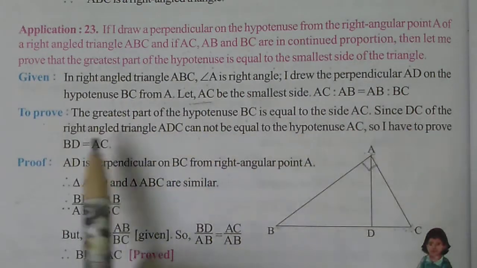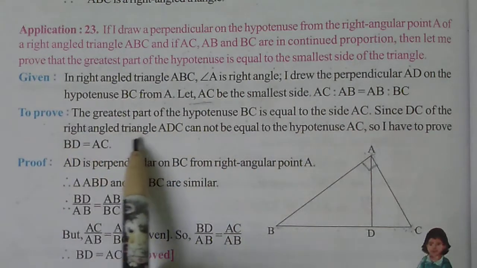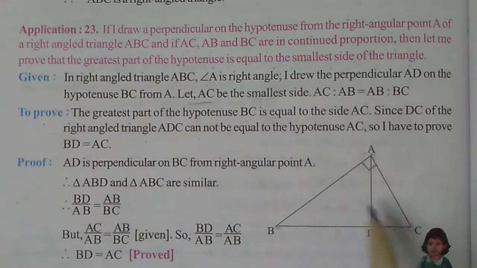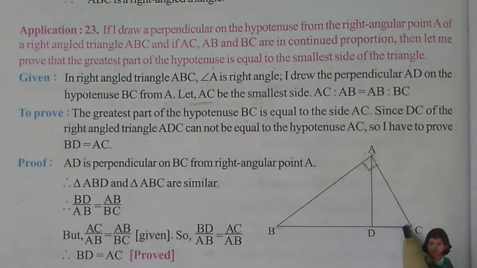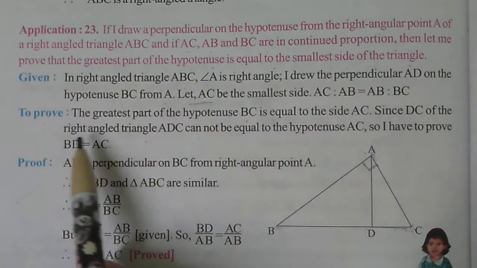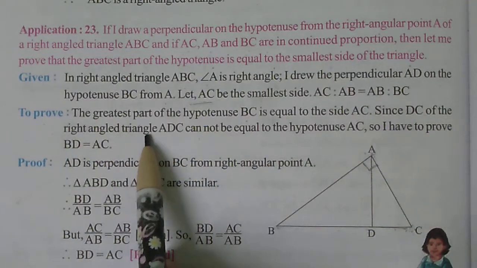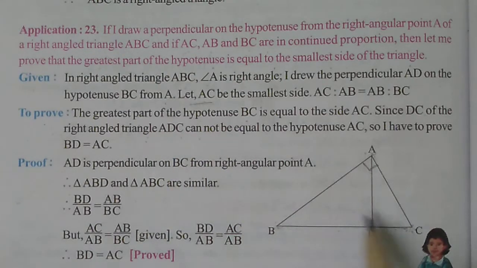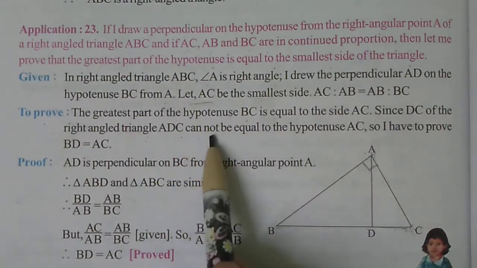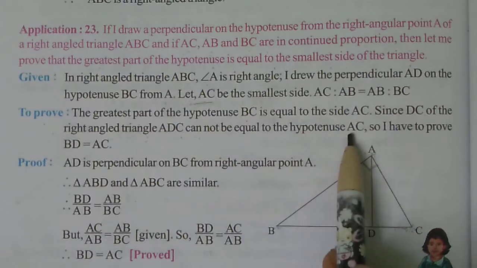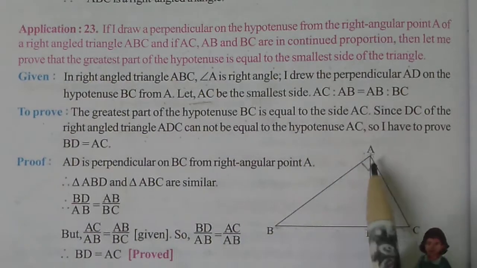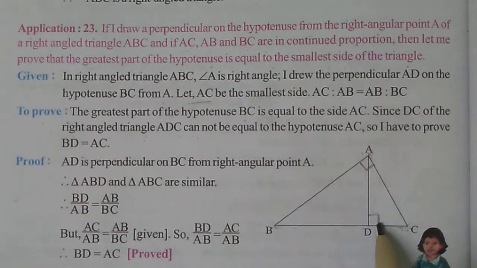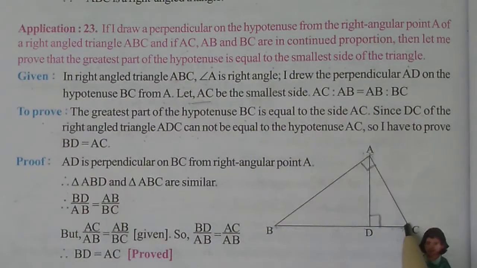Since DC is in the right angle triangle ADC, it cannot be equal to hypotenuse AC. Here we note that AD is perpendicular to BC, this is a right angle, hence AC is the hypotenuse.